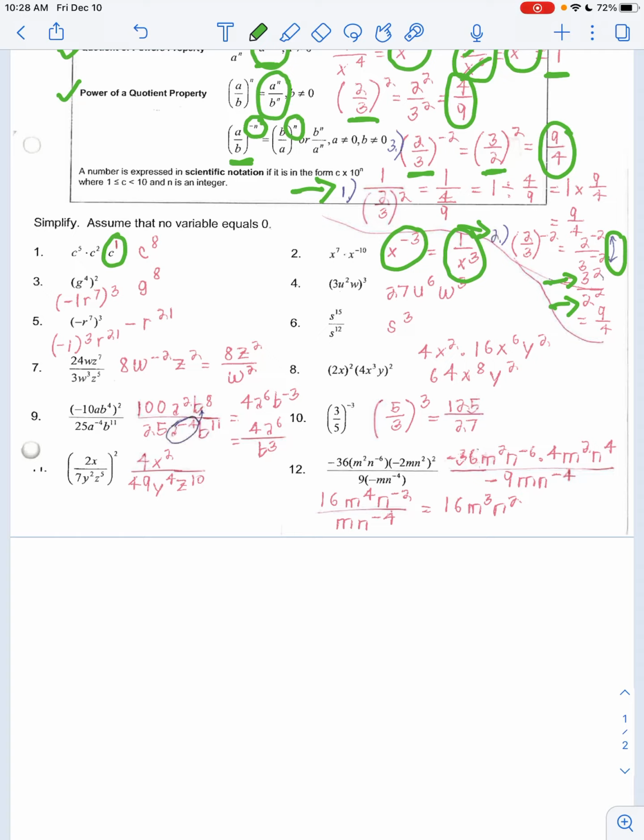In 3, it's a power to a power, so you just multiply the exponents. 4 times 2 gives you g to the 8th. And 4 is an extension of that because the term 3u squared w is being raised to the third power. The implied exponent on both the 3 and the w is a 1.